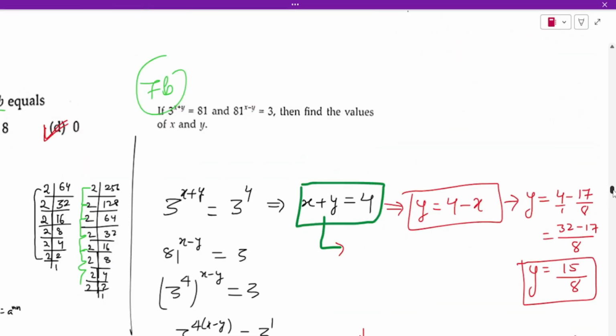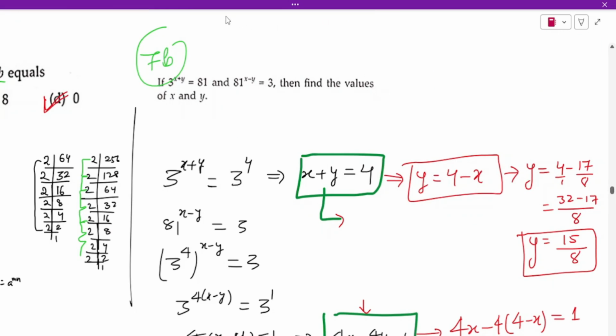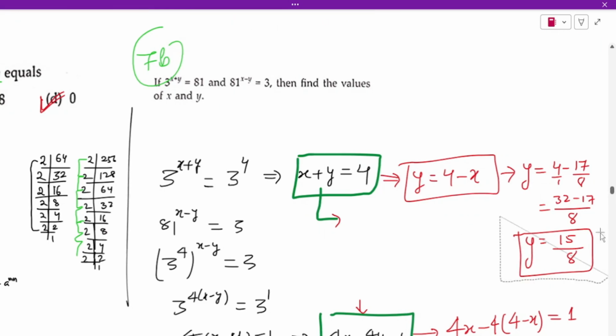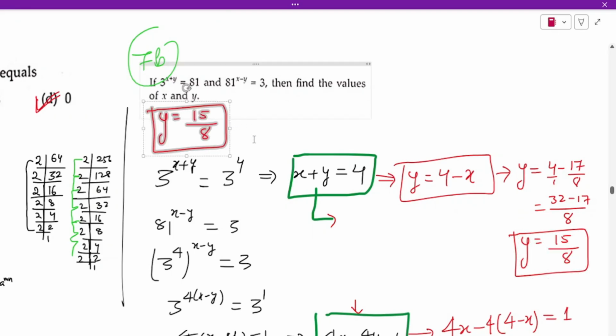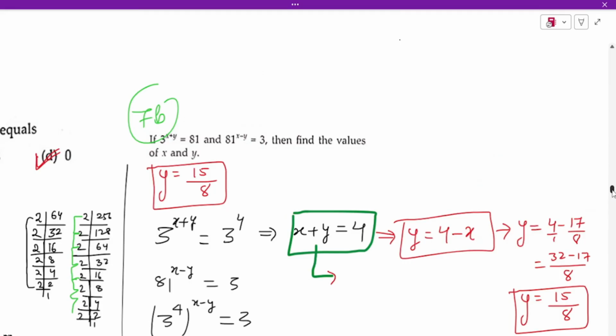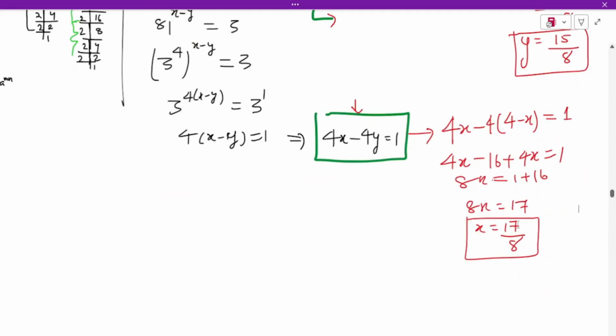In this question they are asking the value of x and y, so the value of x is 17 over 8 and the value of y is 15 over 8.